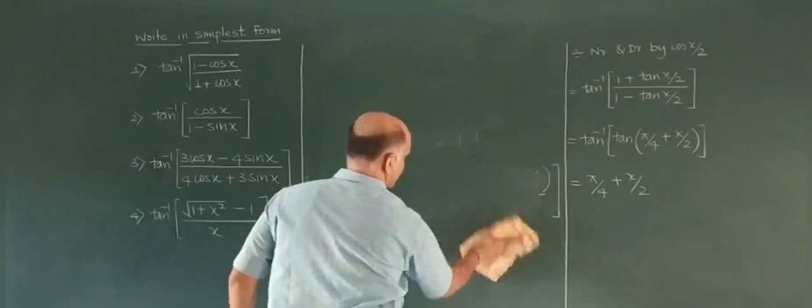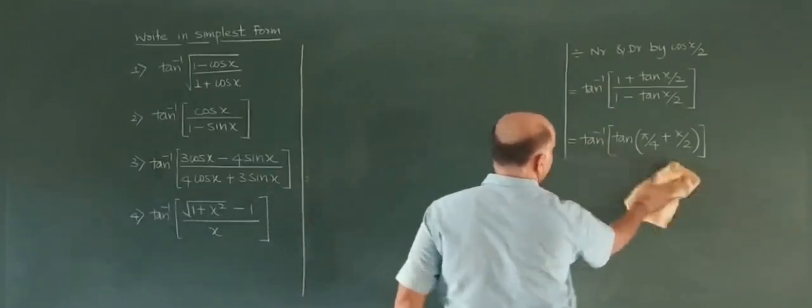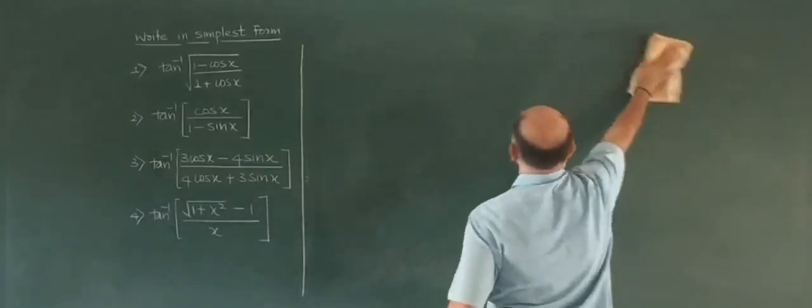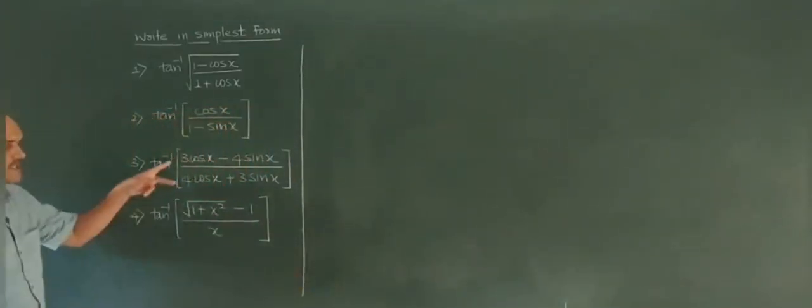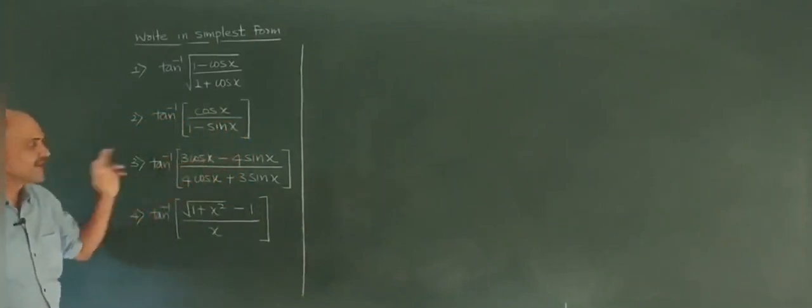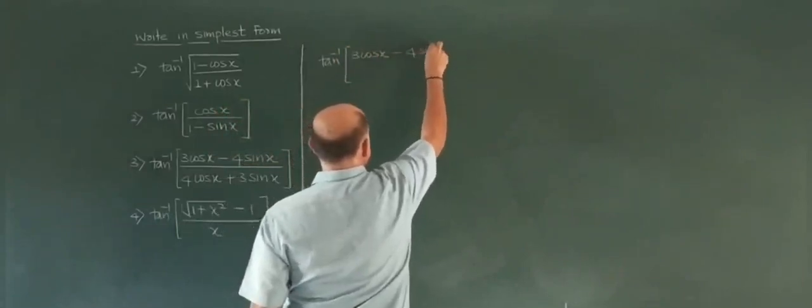So now the third one. Similar to the second, if you observe the terms inside the bracket, it is the same as what we got in the last problem. So tan inverse of (3 cos x minus 4 sin x) divided by (4 cos x plus 3 sin x).